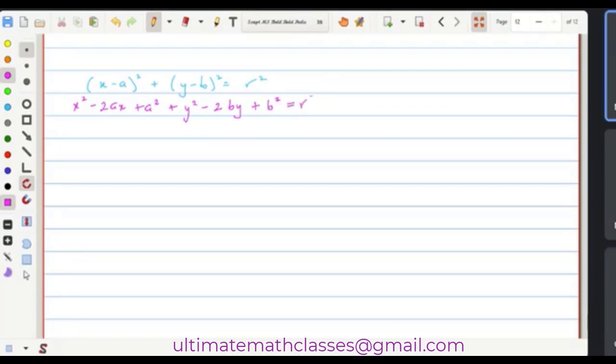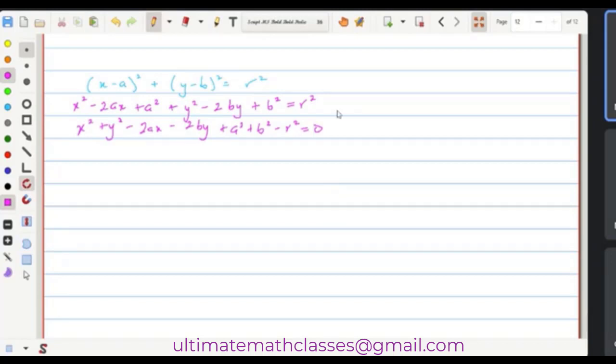Okay, so let's rearrange it like the way we used to. So this gives you x squared plus y squared minus 2ax minus 2by plus a squared plus b squared minus r squared equals 0. Is that okay? Yes, sir. This thing looks a little clumsy.